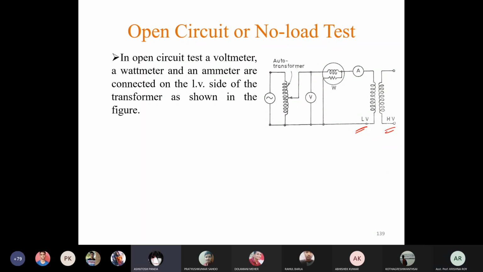Readings can be easily taken with lower rated devices due to low voltage. No, I am not asking about the reason why we perform the open circuit test on the low voltage side. I am asking about the meaning of this statement. What is the meaning? As I have said, the open circuit test is performed on the low voltage side.